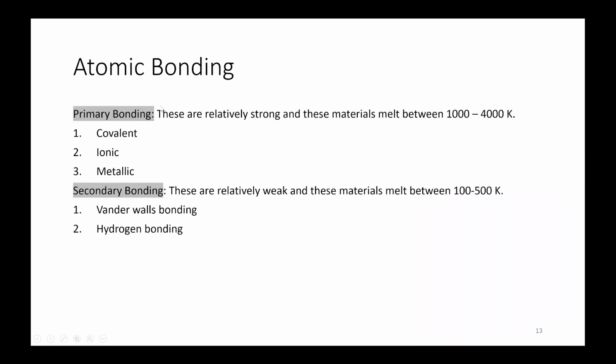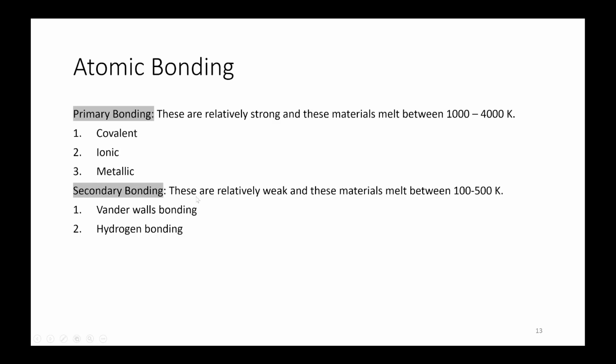These are the types of bonds that you have already studied, I think, and these are primary bonds and secondary bonds. First one, these are relatively strong and these materials melt between 1000 to 4000 Kelvin. So they can be covalent, ionic and metallic, and depending on this bonding, there will be various properties of these materials.